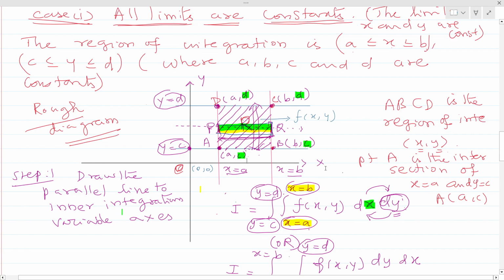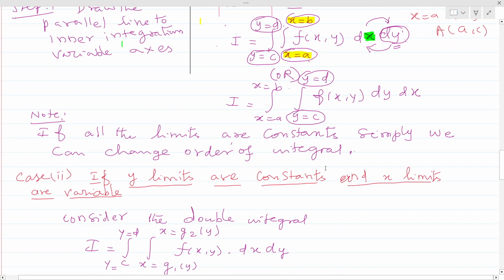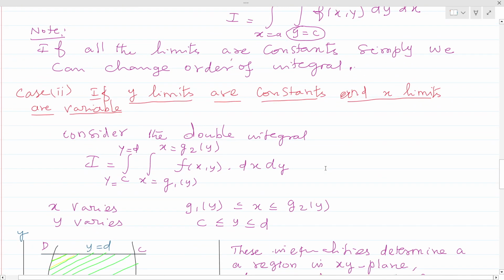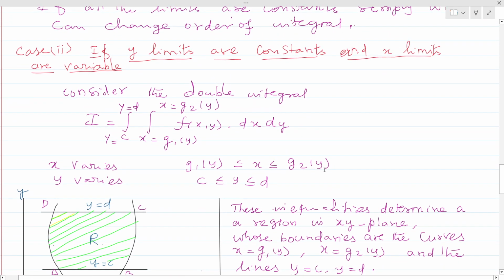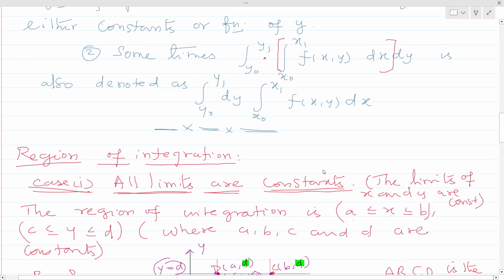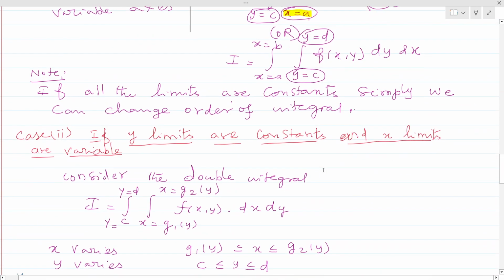In this class we are going to discuss the case where the limits of x or y are functions and the other variable's limits are constants. Okay, fine. Case 2. What is case 1? Case 1 is where all the limits are constants.